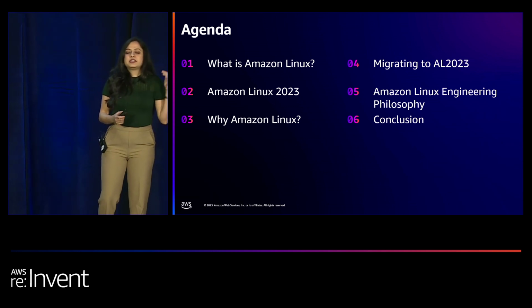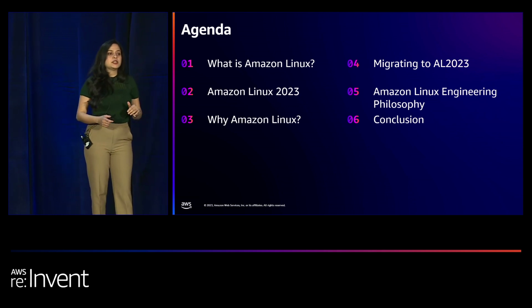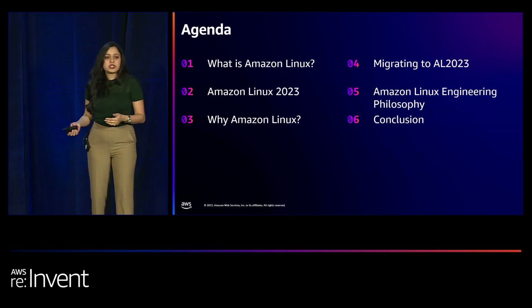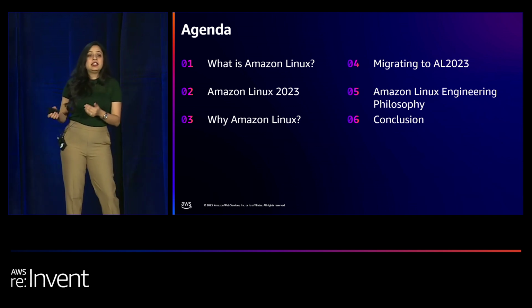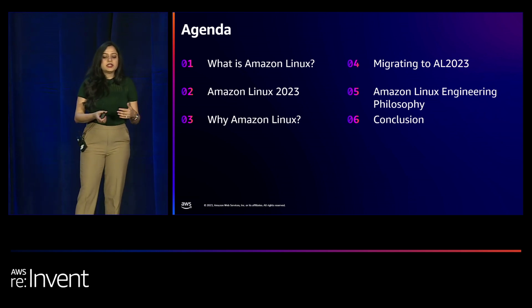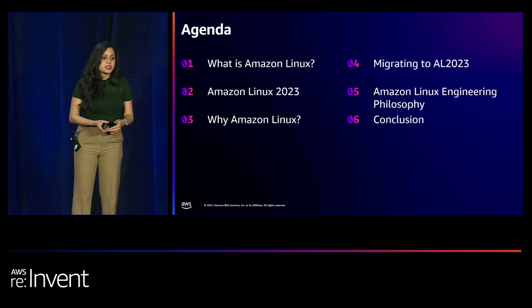Followed by, since a number of you are running Amazon Linux already, we're going to talk a little bit about migrations and how to get on to the latest version of Amazon Linux. And then we're going to finish off with our engineering philosophy. I will leave some time towards the end for Q&A. All right? With that, I'm going to hand it off to Chris.